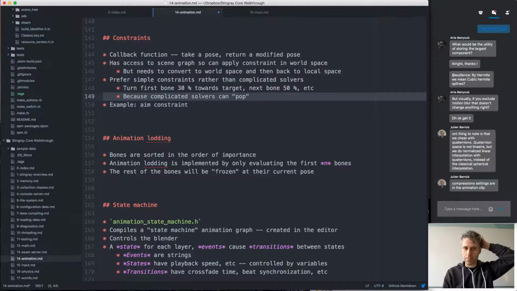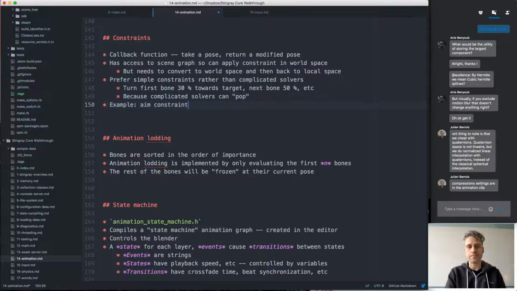By using simpler constraints it's very easy to see how the constraint gets applied. We can make sure that we don't get these sudden transitions in the solutions where a bone suddenly flips. There are probably ways of using more complicated equation solving constraints and still preventing this kind of popping by taking into account what the previous solution was. But I think these simpler approaches work really well, so I prefer that.